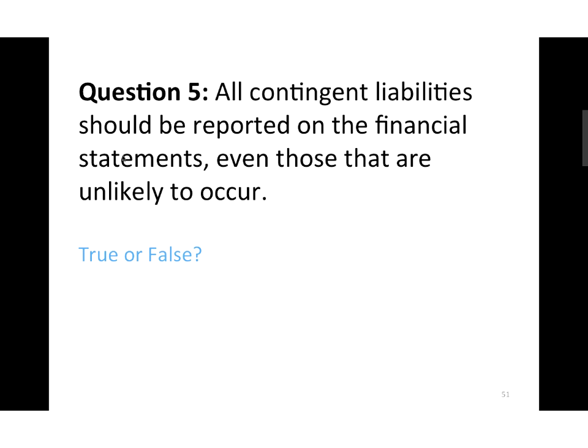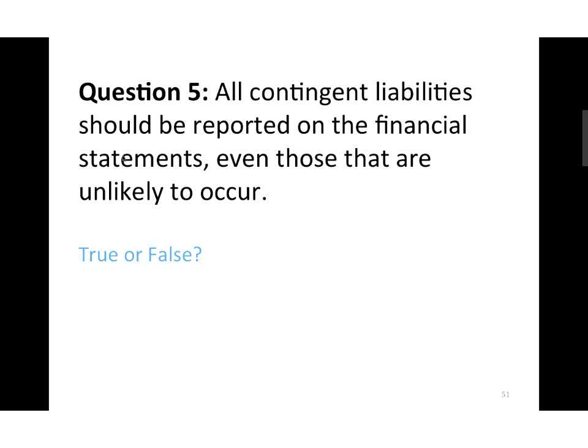When we were talking about contingent liabilities, remember that if it's probable, we recognize the liability. If it's reasonably possible, we disclose it in the financial statements. But if the possibility is remote, what do we do? That's where we're getting to in this question, that we're saying it's unlikely, it's remote.